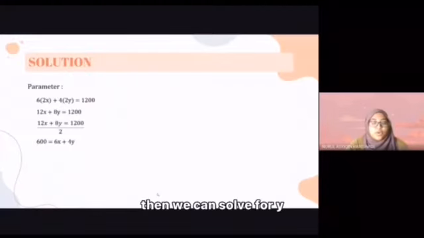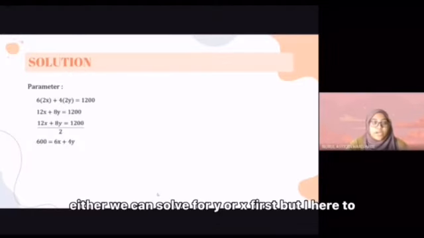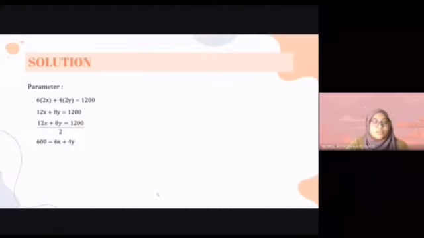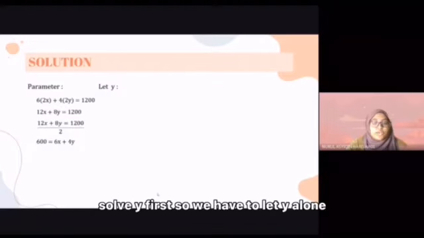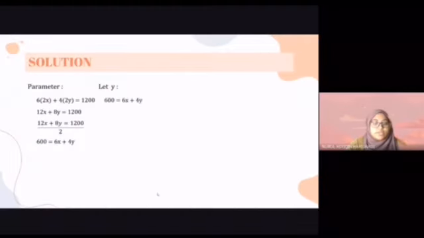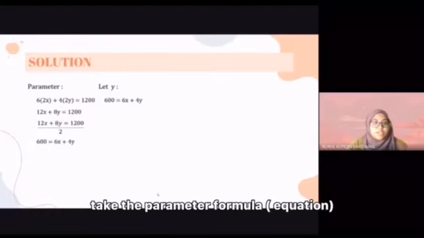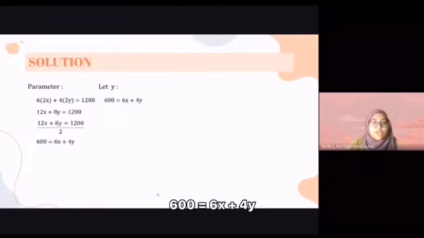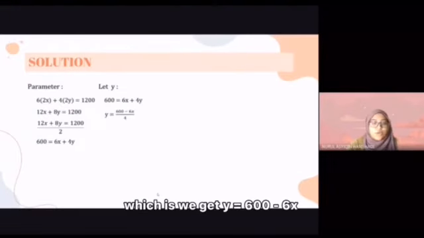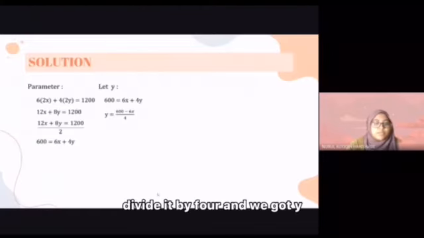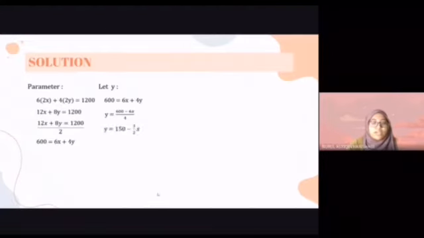Then we can solve for y. Either we can solve for y or x first, but here I solve y first. So we let y alone. Taking the equation 600 equals 6x plus 4y, we get y equals (600 minus 6x) divided by 4, and we get y equals 150 minus 3/2 x.